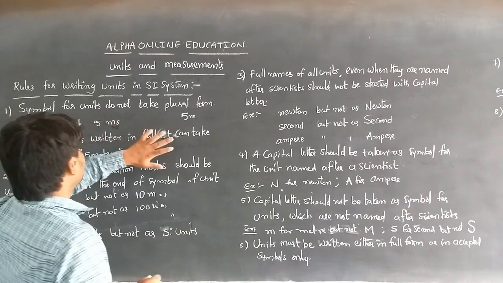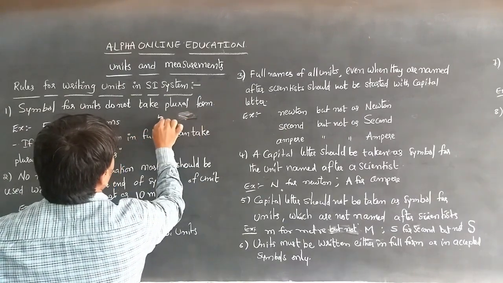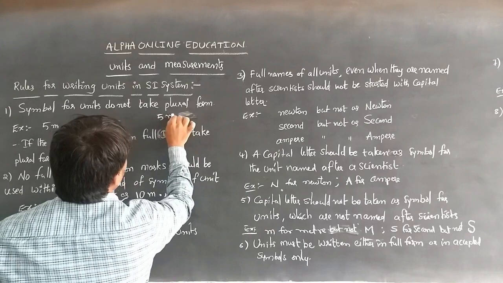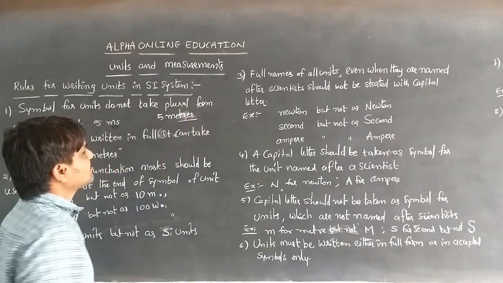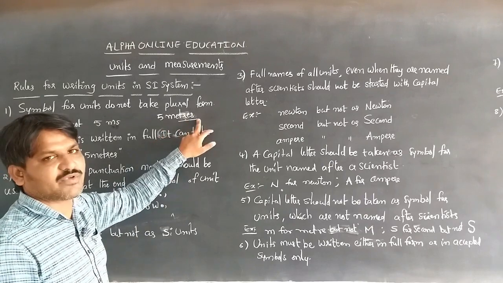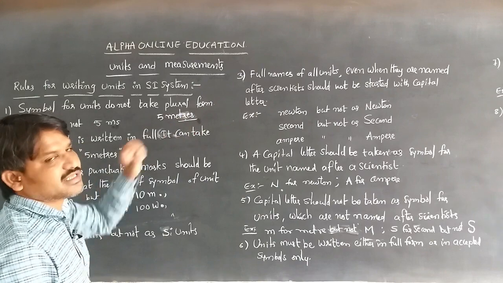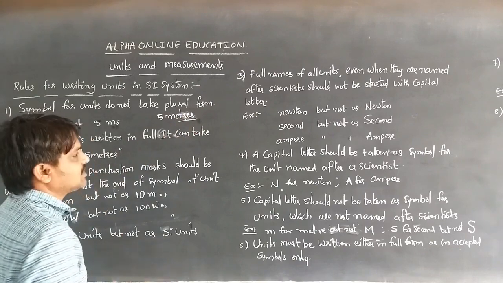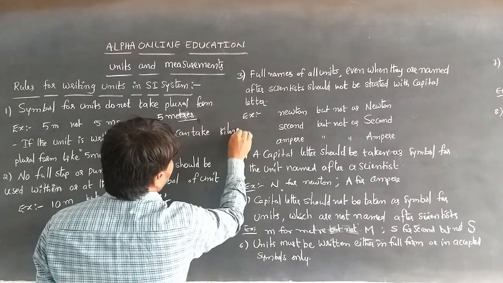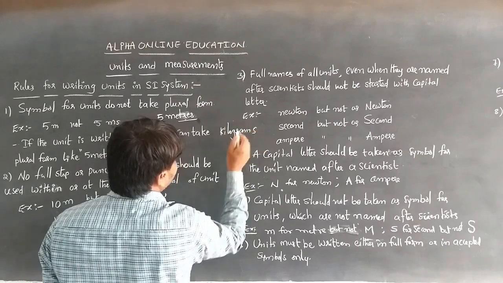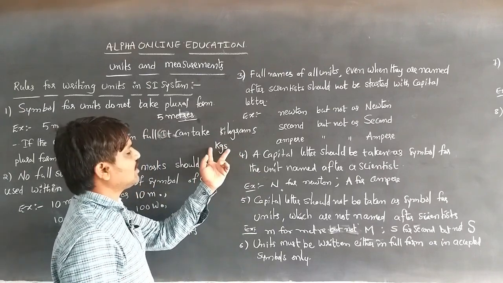If we want to write the full form, like 5 meter, then we can write 5 meters like this. Whenever we write the full form, then the plural form is allowed. But whenever we are writing the symbol for SI units, such as kilograms, we can write kg, but not kgs.